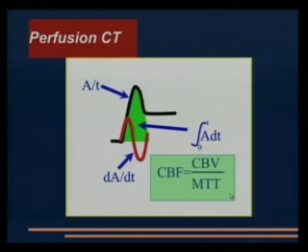The area from the start of the curve to the peak of the derivative is the arterial portion. The area between the maximum and minimum of the derivative is the mean transit time. And from the minimum of the derivative to the end of the curve is the venous time.